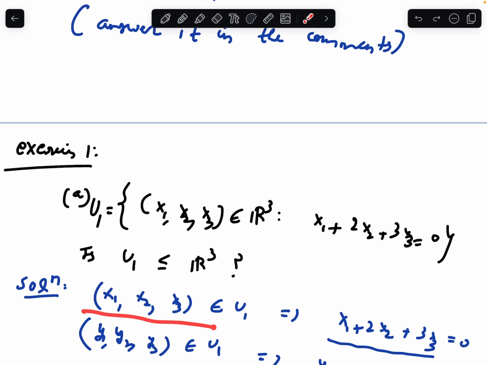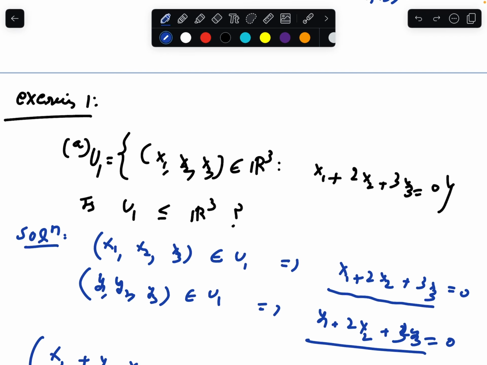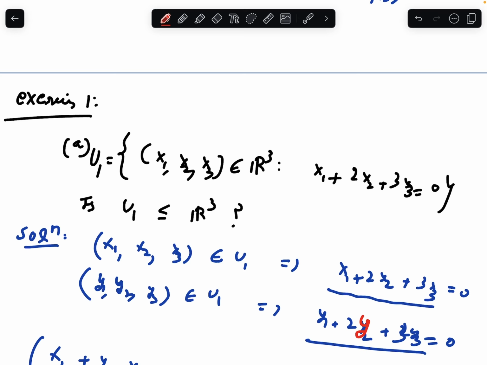So what does this mean? By definition of U1, this has to give us x1 plus 2x2 plus 3x3 equal to 0. Similarly, from here we get y1 plus 2y2 plus 3y3 equal to 0.